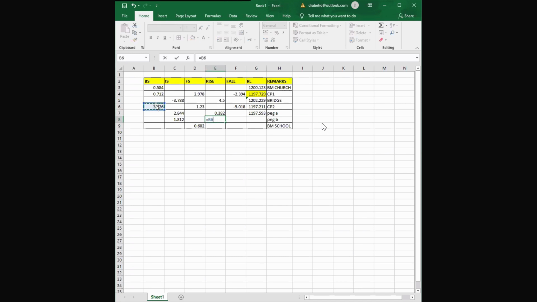So we do this minus that. Positive, then we have this plus that. And then the last is a rise too. So we have this minus that, and then we add that onto the rise.